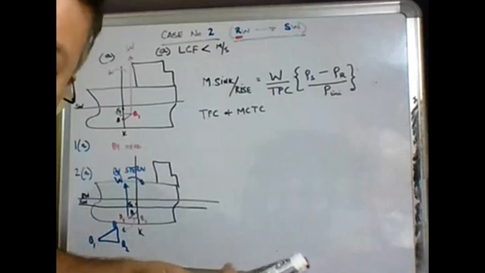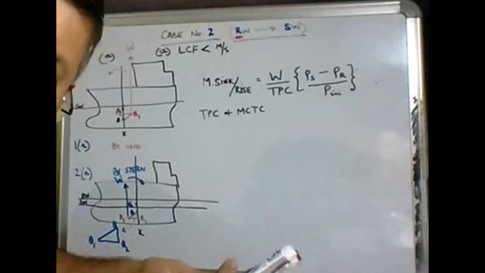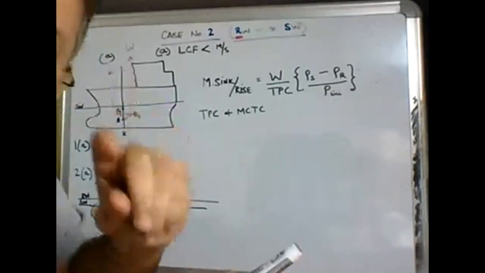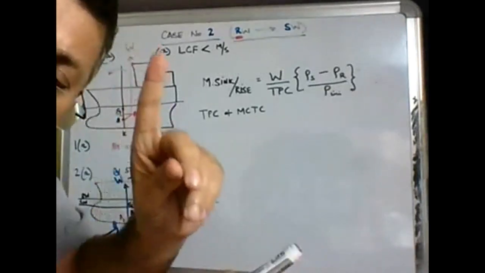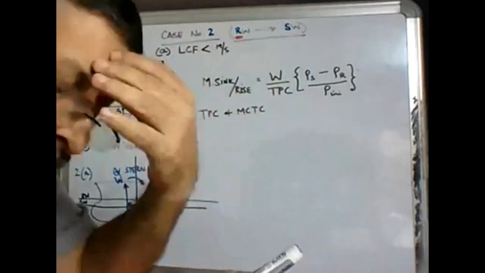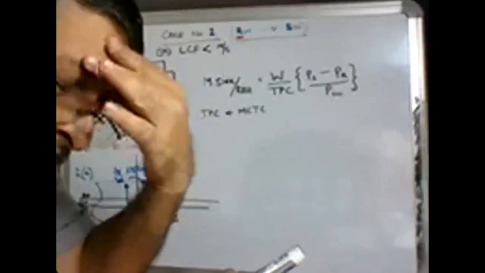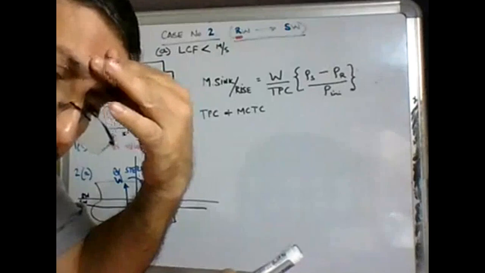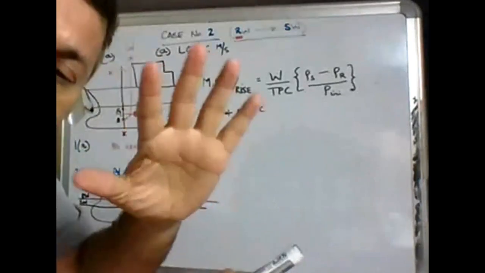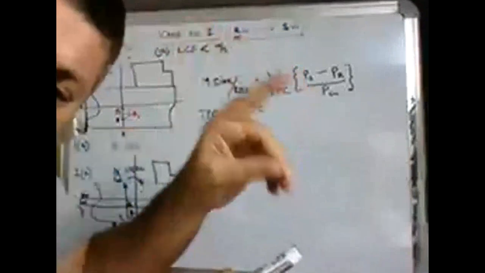If you are going from Chennai to Haldia, which TPC will you use? Which MCTC will you use? The arrival, final density. The final density, final condition, MCTC and TPC.